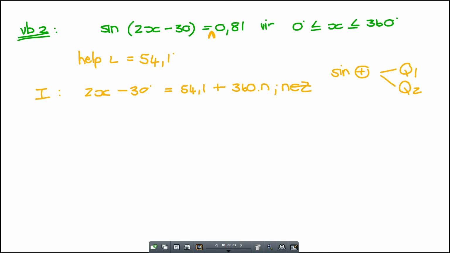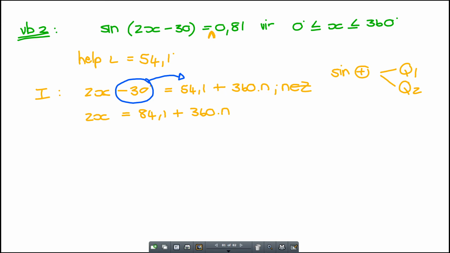Okay, now next up, we've got to get rid of this 30. Want ek moet mos nou vir x eintlik alleen kry aan die linkerkant, nee. So when we take the 30 over, it's going to become plus 30. So then 2x is equal to 54,1 plus 30 gee vir my 84,1. Die res bly mos dieselfde.